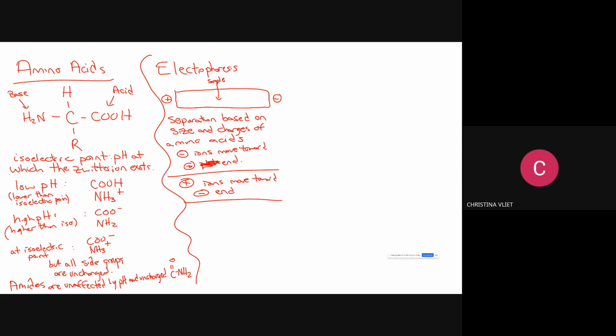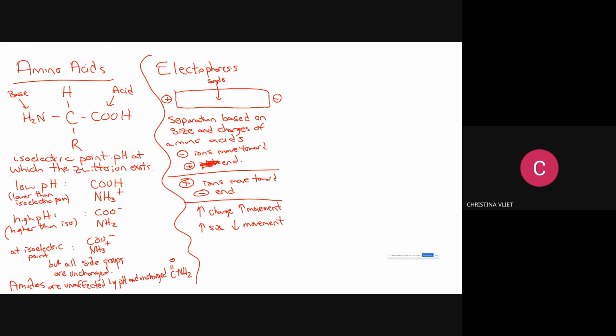And the greater the charge, the greater the movement. And the greater the size, what happens to the movement? Heavier moves slower, so less movement.